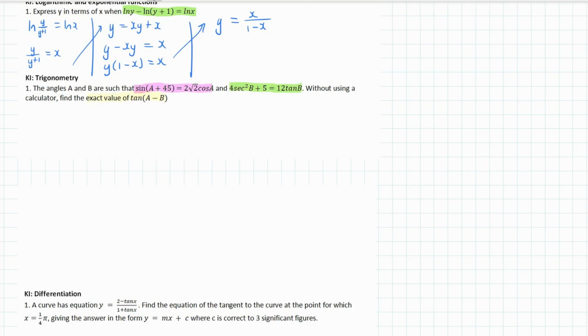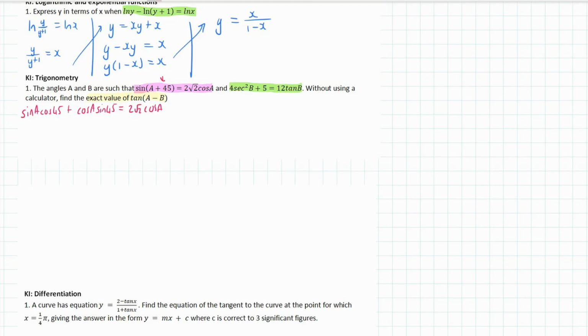So the pink one, so this one here, we'll use our addition rules here. So I'll rewrite that first bit as sine A cos 45 plus cos A sine 45 equals 2 square root 2 times cos A, and then what can we do here?